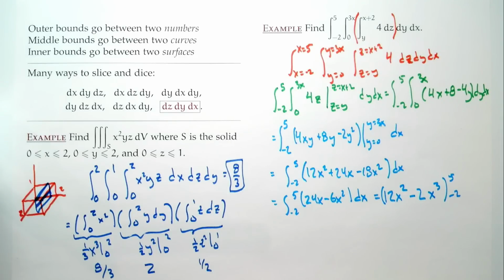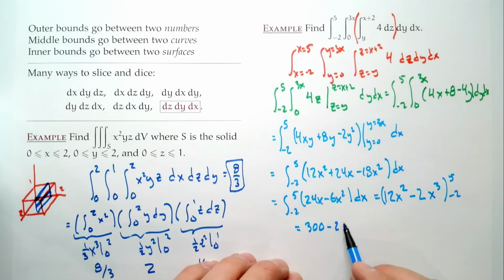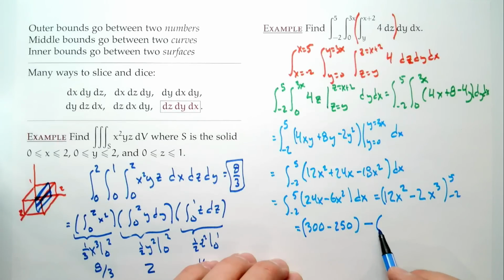Well, okay. We've come this way. Let's finish it. All right. 12 times 25 is 300. Very good. 5 cubed is 125 times 2 makes 250. So 300 minus 250. Subtract. 12 times 4 is 48.